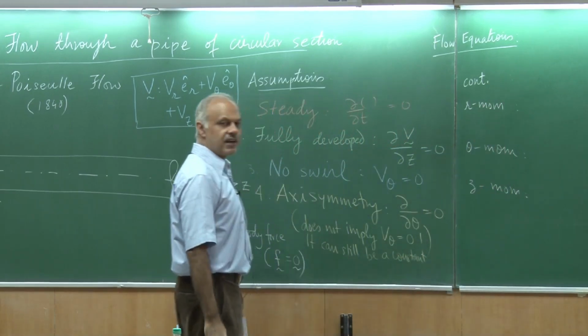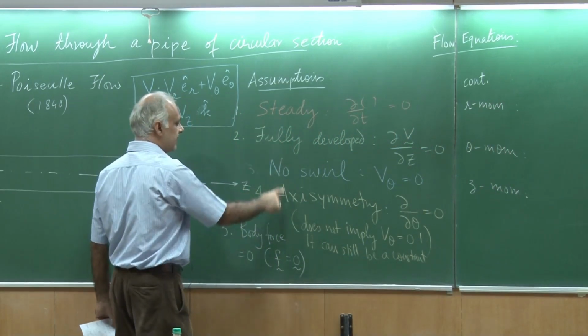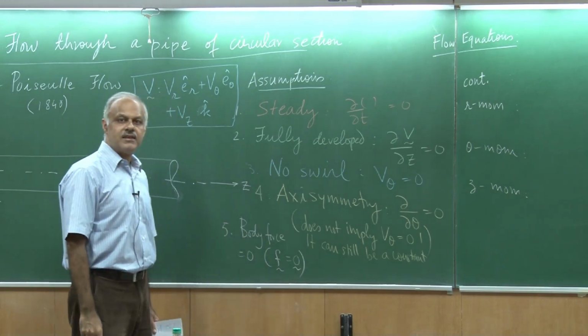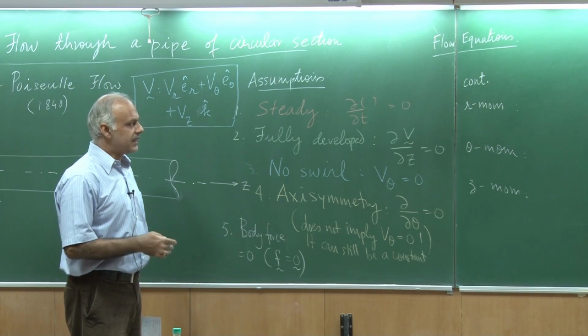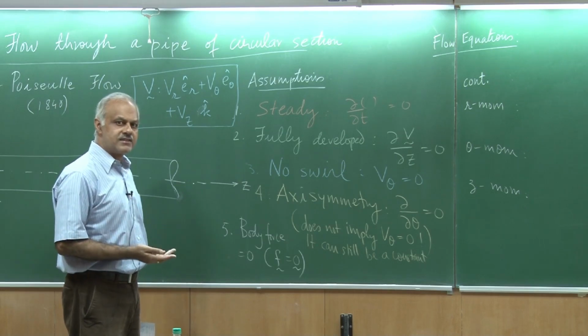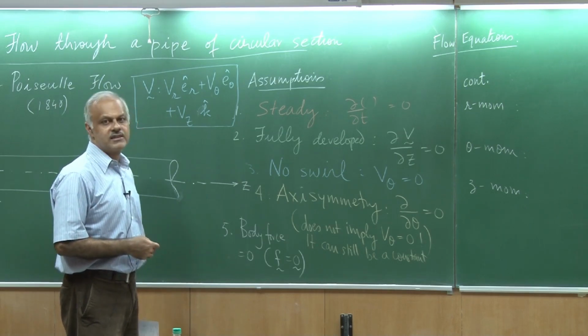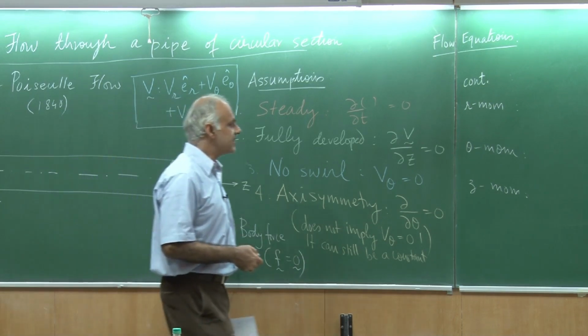And once I write these down, then I am going to look at these assumptions one by one and strike off the terms that go to 0, and then looking at the simplified equations, just like we did for the Cartesian coordinates, we are going to analyze this flow.